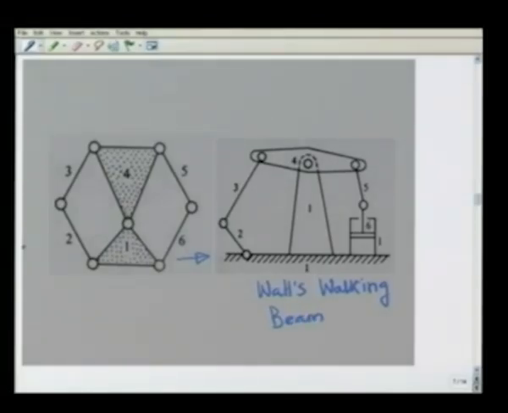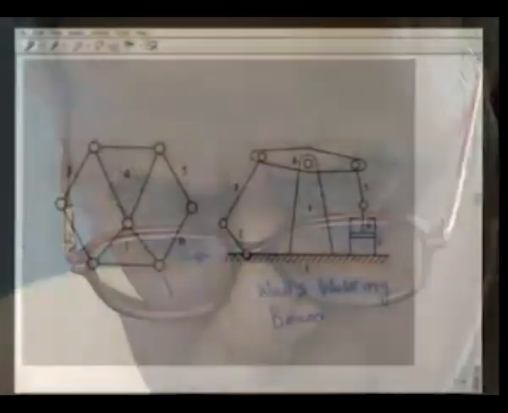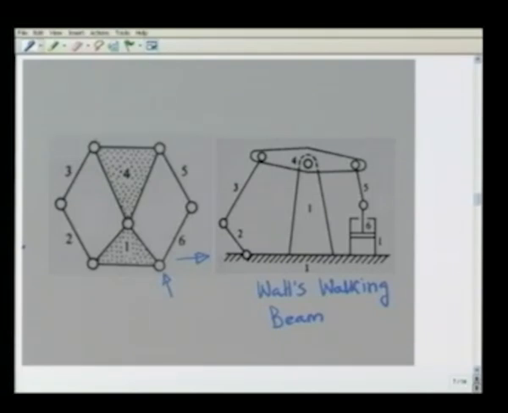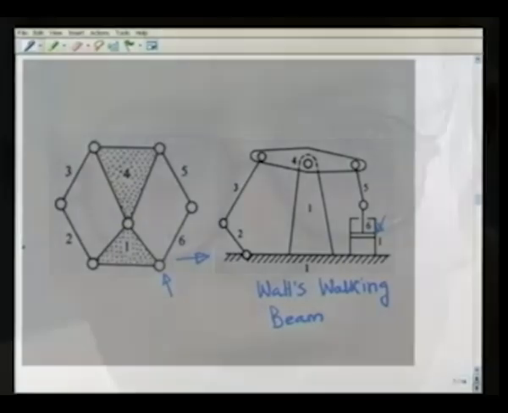In this Watt's walking beam engine, we must see that in the chain we have shown a revolute pair between 1 and 6 which has been replaced by a prismatic pair between this cylinder and the piston. But in our analysis, we always treated revolute pair and prismatic pair as equivalent.